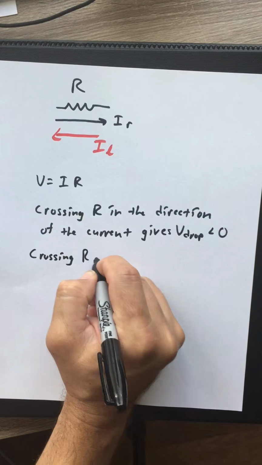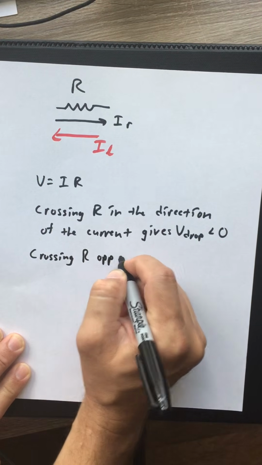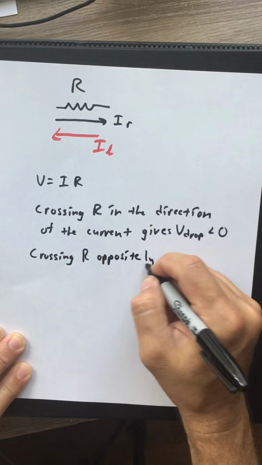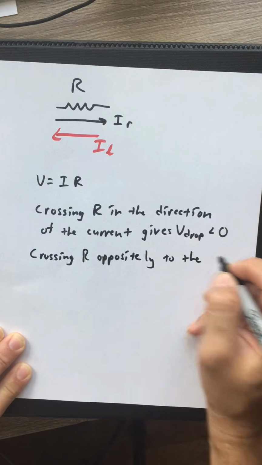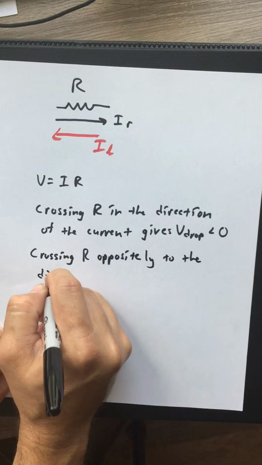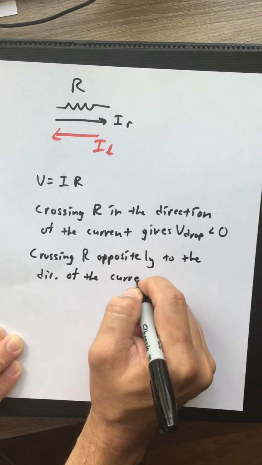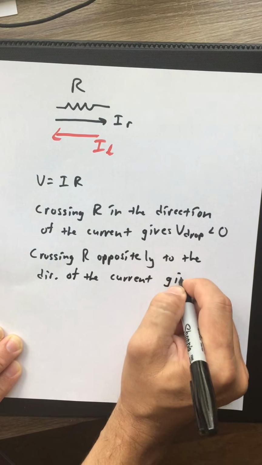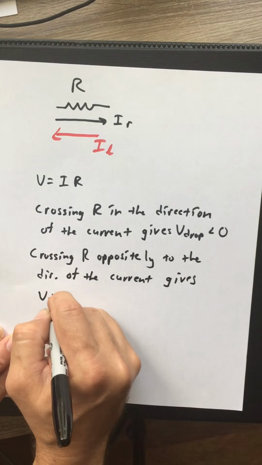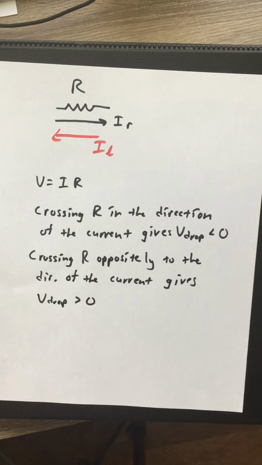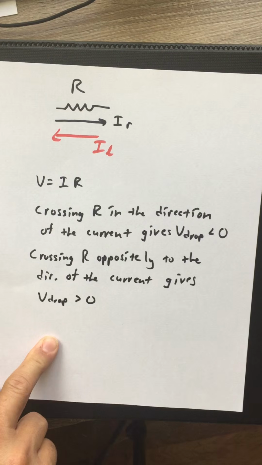So let me say crossing R oppositely to the direction of the current gives V drop positive, right? So this will make more sense when I show you how we're going to analyze in just a second.